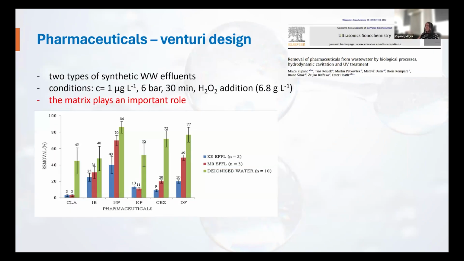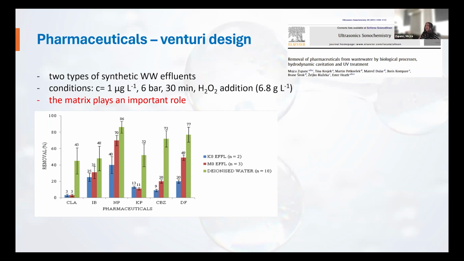To then test how the water matrix influences this degradation, we used two types of synthetic wastewater effluent. What it means here is that besides our pharmaceuticals, other organic compounds are also present in this water, and this synthetic wastewater is similar to the wastewater effluent that comes from real wastewater plants.